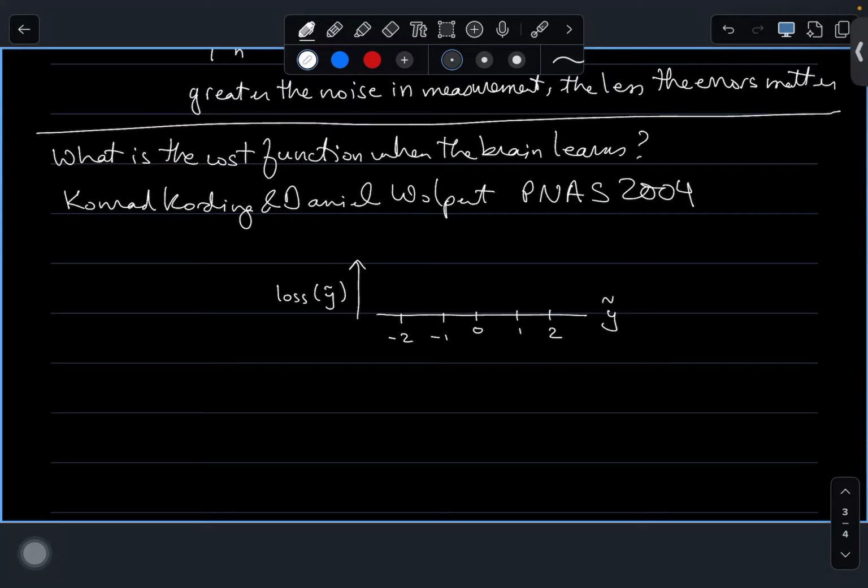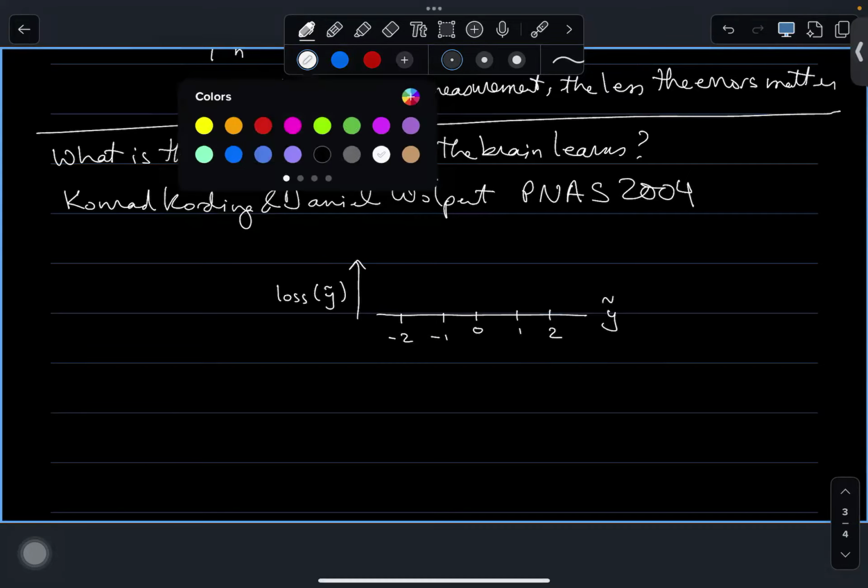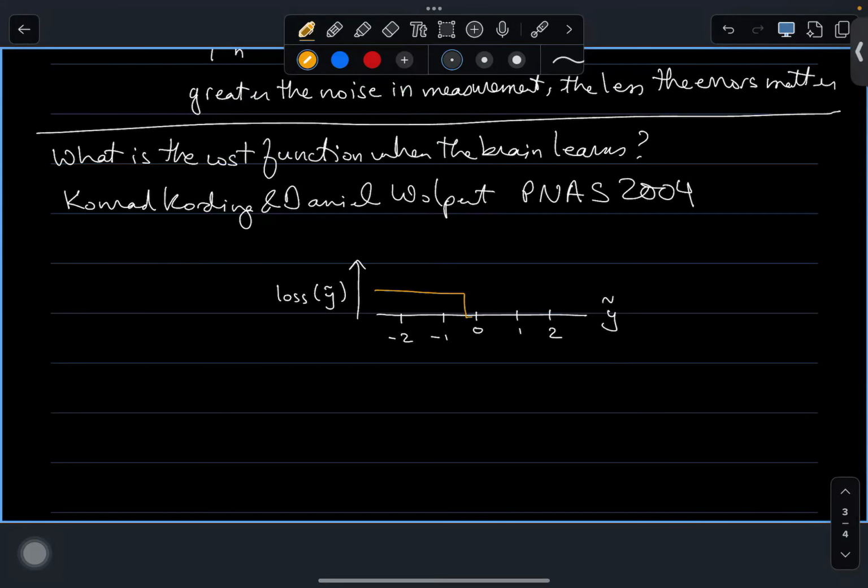So I can have a loss that looks like this. So this loss is 0 when my error is close to 0, but otherwise it's 1.